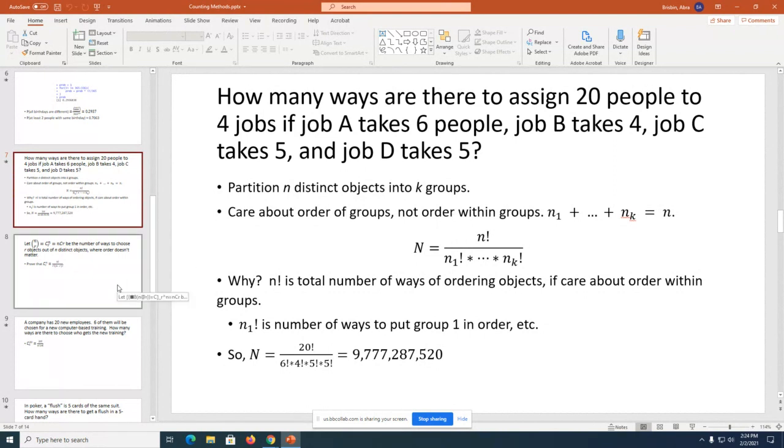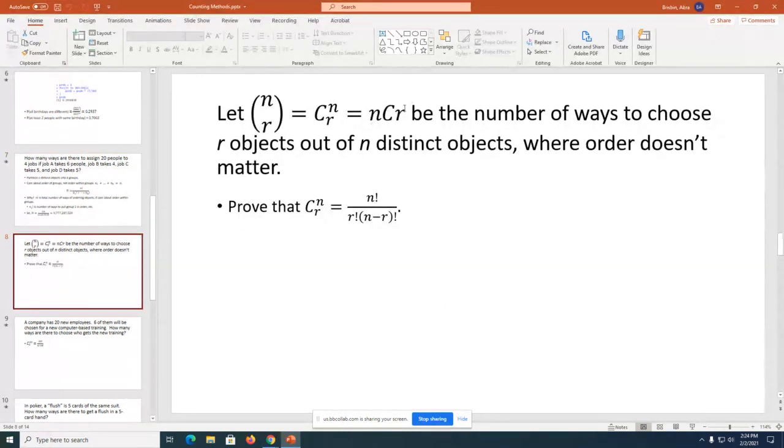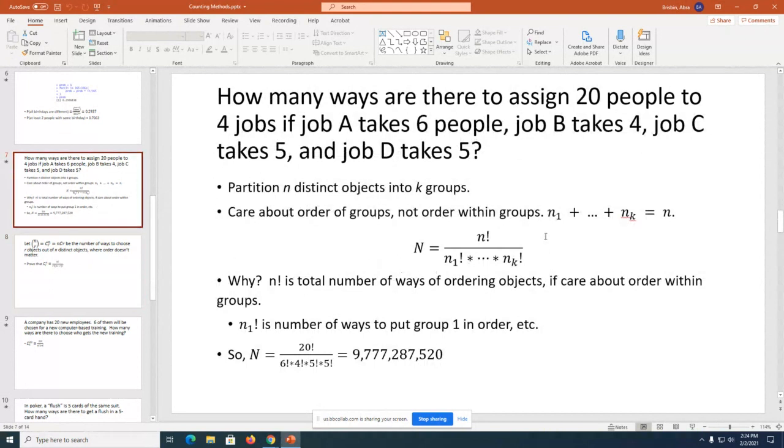So we can think of our n choose r formula as being a special case of the formula we saw here. We have n factorial divided by the number of orders for the group that we chose, r factorial, times the number of orders for the group that we didn't choose, n minus r factorial.